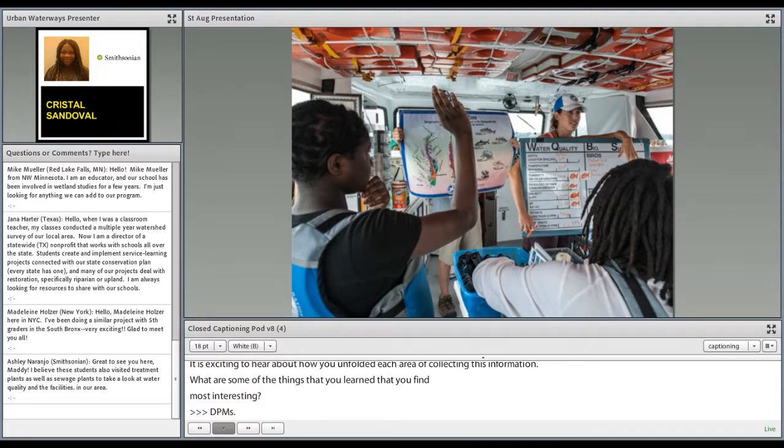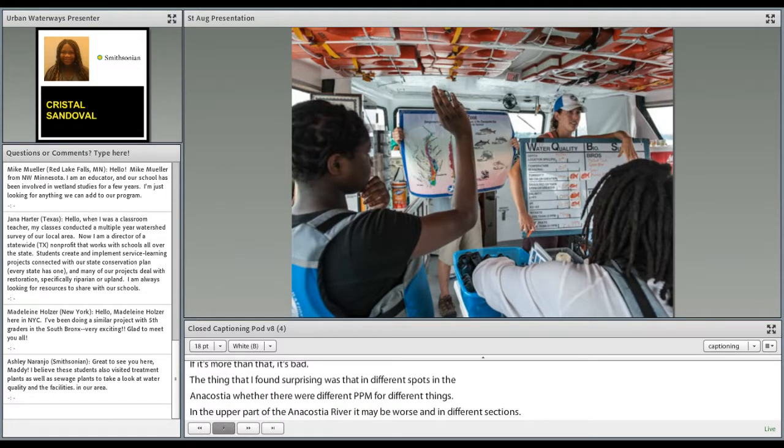And the thing that I found surprising was that in different spots in the Anacostia River, they had different ppms for different things, like nitrates and phosphorus. So it was different at the top, upriver, and in the upper part of the river, along the way.